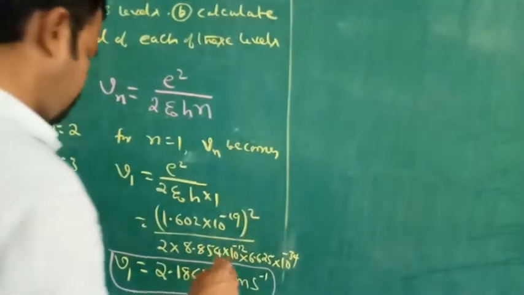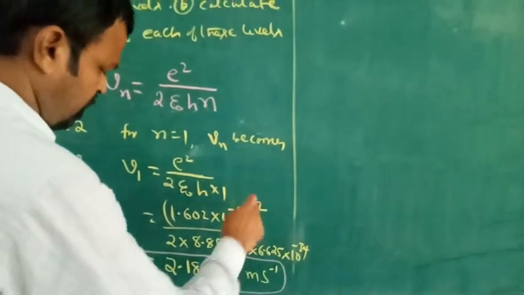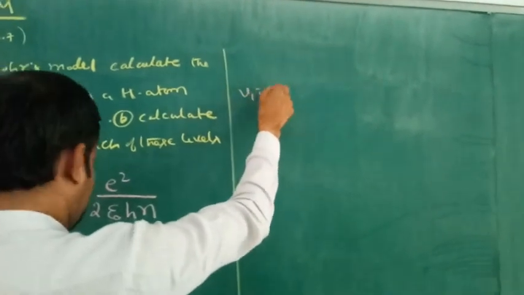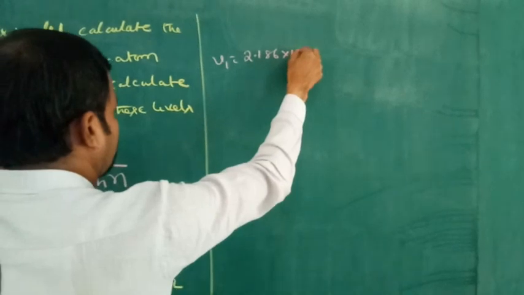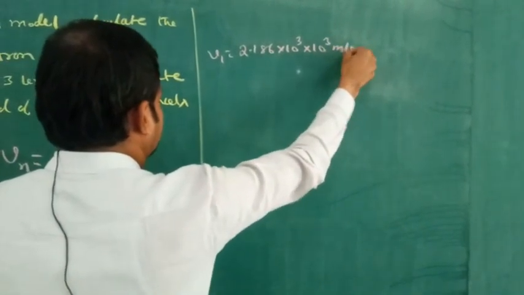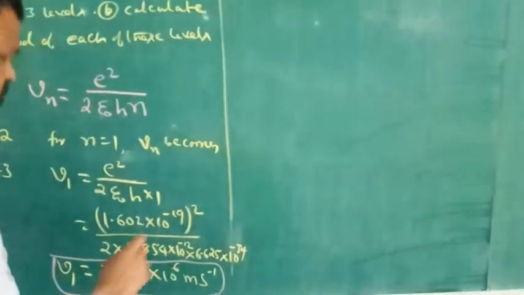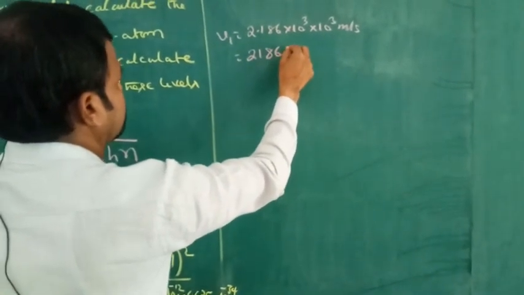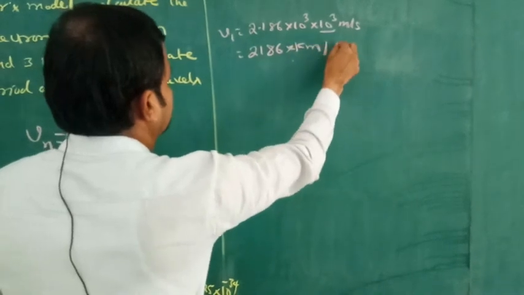Suppose if you express this in kilometer, how much will you get? V1 is equal to 2.186 into 10 to the power 3 into 10 to the power 3 meter per second. 10 to the power 3 into 10 to the power 3 is 10 to the power 6. So it is 2186 kilometer per second.